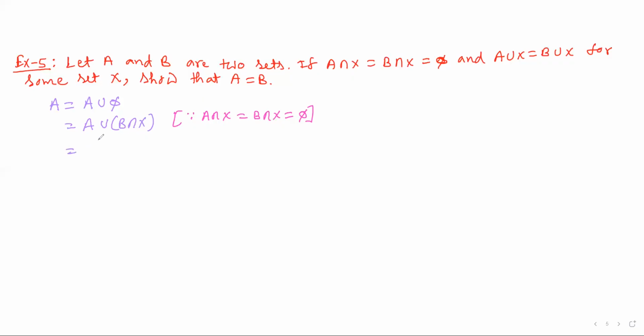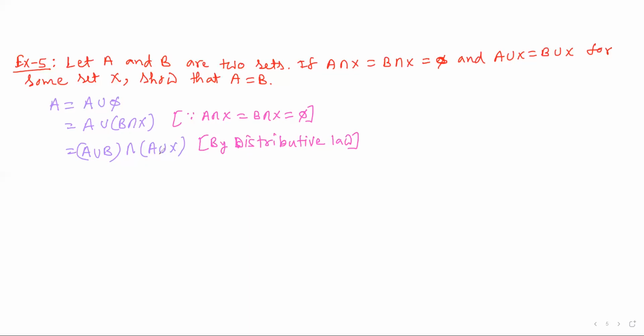Now we can apply the distributive property. A union, within the first bracket B intersection X is there, so you can apply the distributive law. This will be A union B, then intersection A union X, by the distributive law.